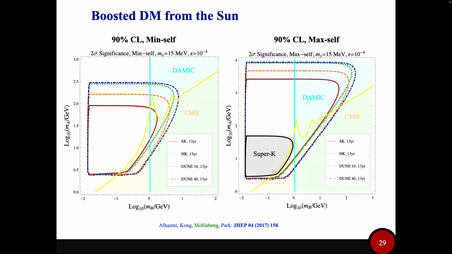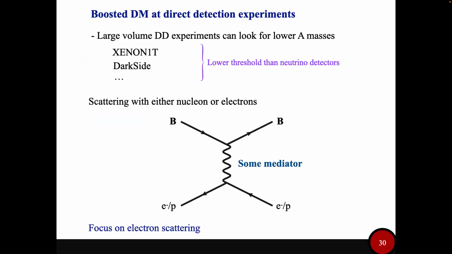DUNE is a really large liquid argon experiment being built at Fermilab in the USA, and it's going to basically look for neutrinos. What we're saying here is that you don't only have to look for neutrinos, you can look for these particles as well.